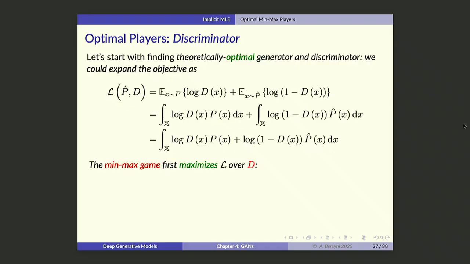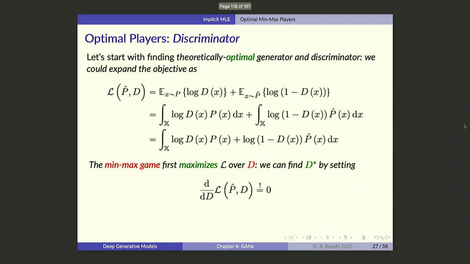How can I do it? Any idea? If instead of a function, I had a variable, and I wanted to find the variable which is maximizing an expression, what do I do usually? I take the derivative or gradient, and then I set it to 0, right? So I'm going to do the same thing here.